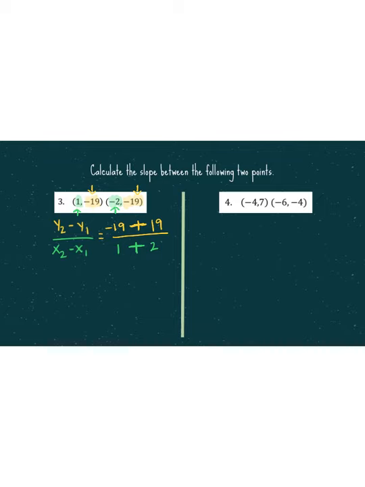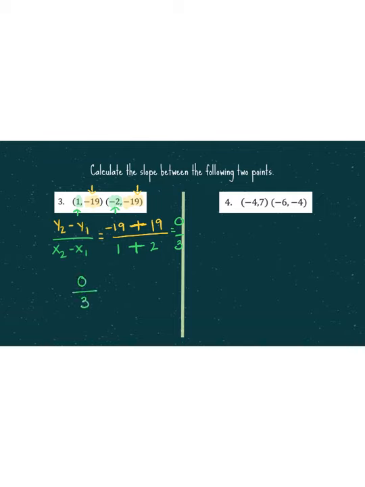Okay, so now I have negative 19 plus 19, which gives me a 0 on the top, over 1 plus 2 is 3. Okay, so my change in y over my change in x is 0 over 3.